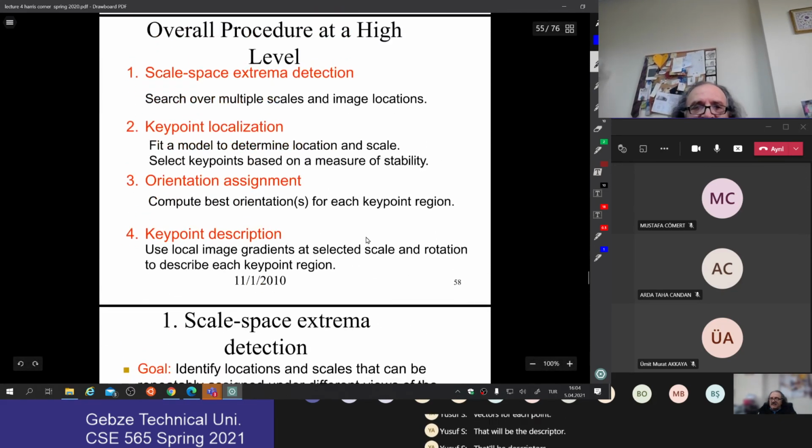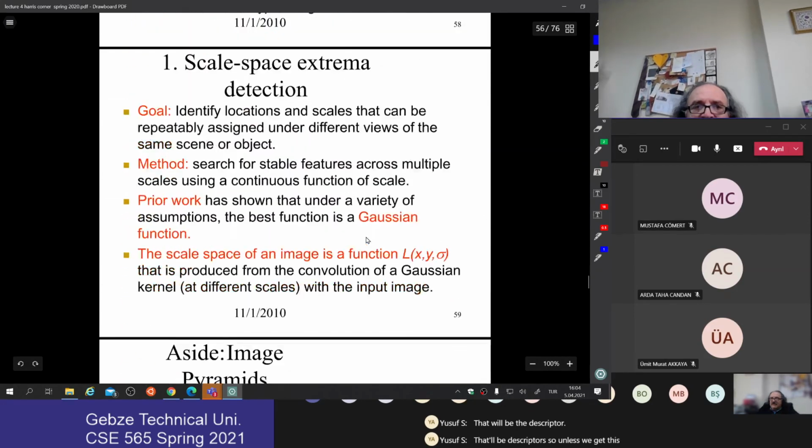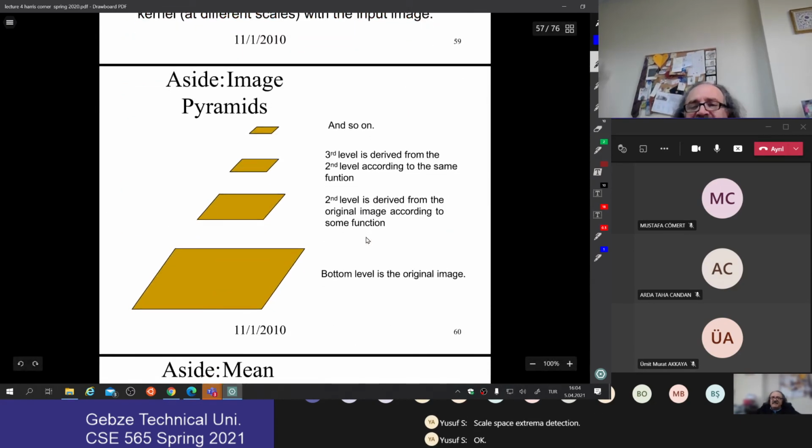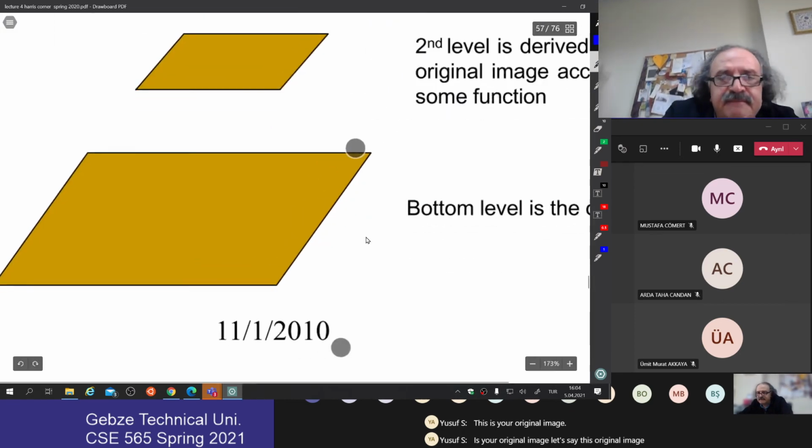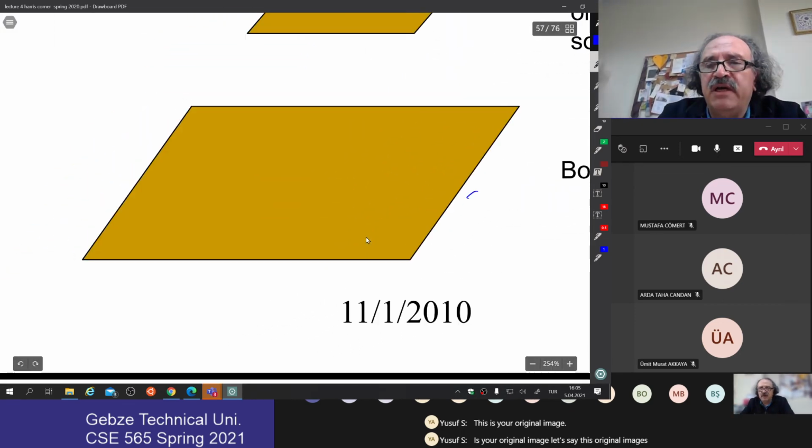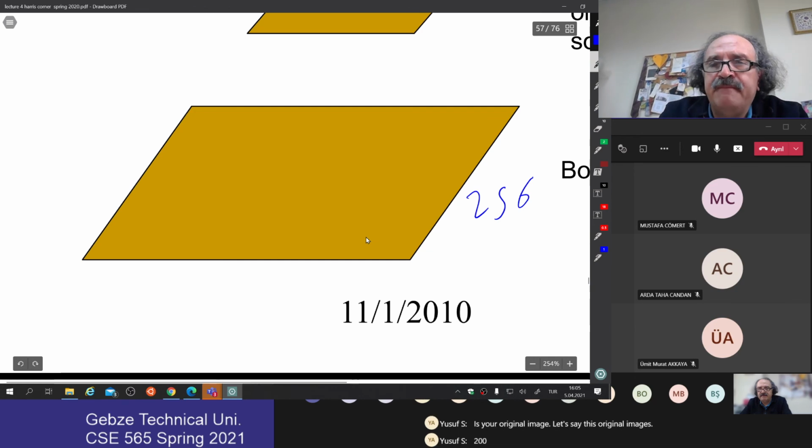So let's look at this first step. Scale space extrema detection. Scale space is this. This is your original image. Let's say this original image is 256 by 256.